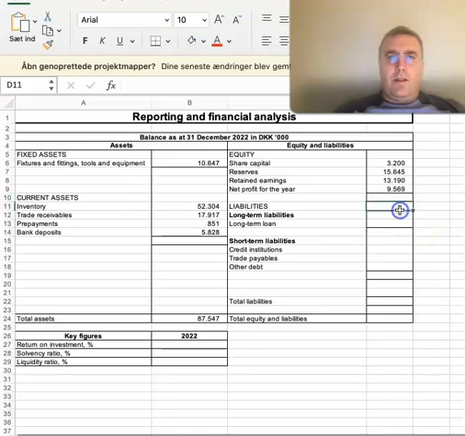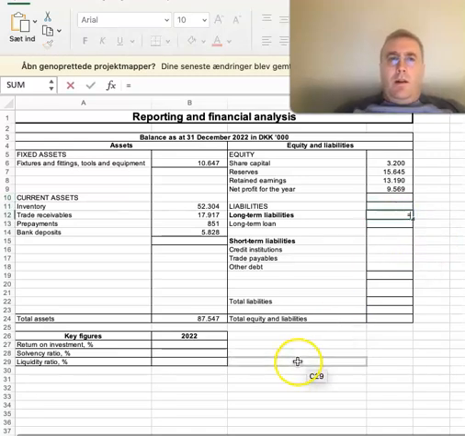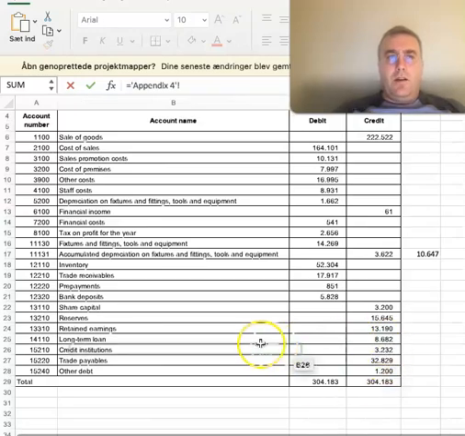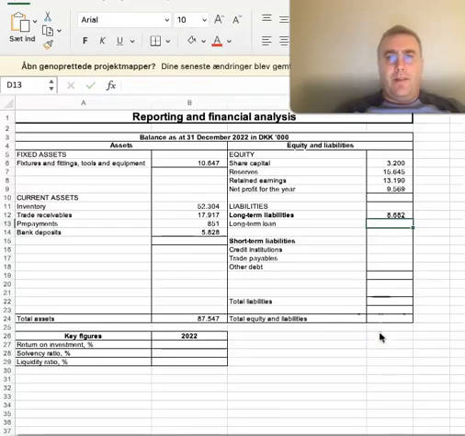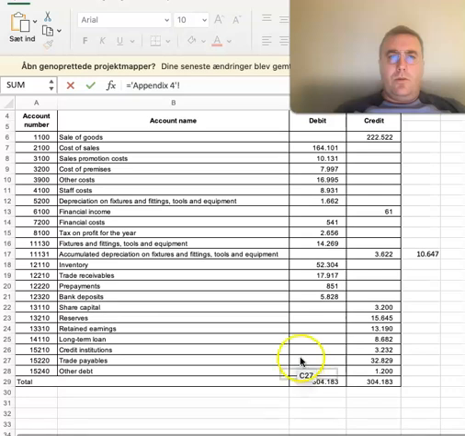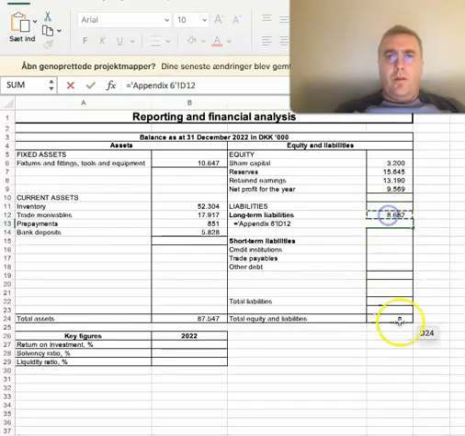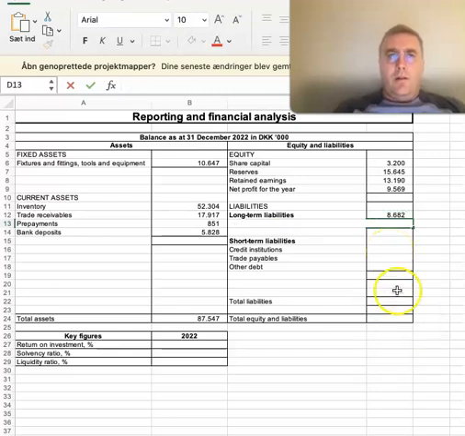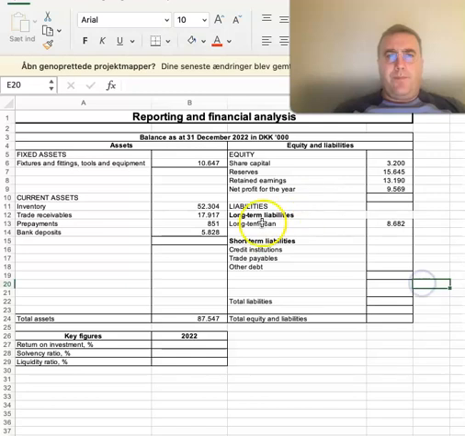And then we have liabilities. Long-term liabilities. Long-term loans. Yeah, and maybe it's more correct to place it here.